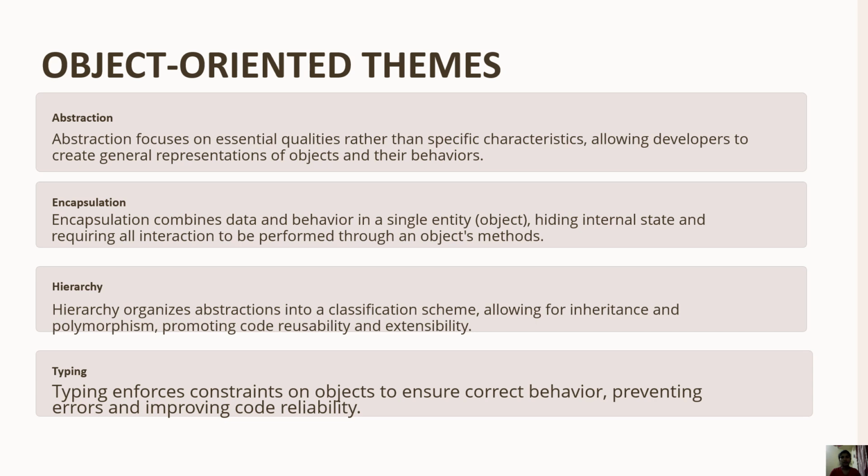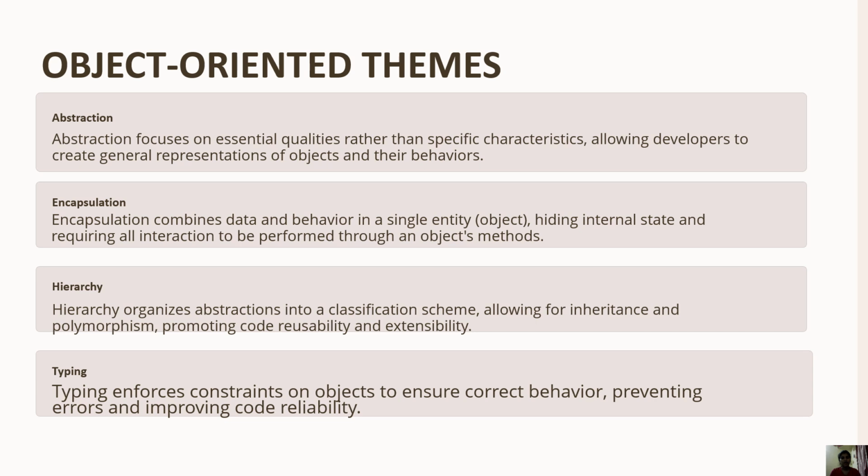This is all about abstraction. If you really want to know more, we can go deeper, but now I'm just covering the basics. Next is encapsulation. Encapsulation combines data and behavior in a single entity, hiding internal state and requiring all interaction to be performed through an object's methods.